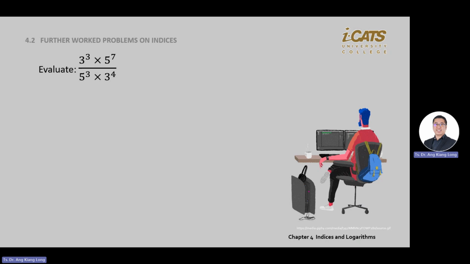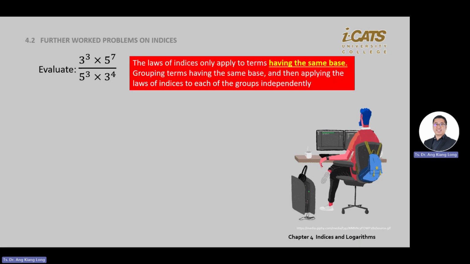This is power. Okay. So the basic rule here is to put everything in the same base. The same base. So you group them. You group the same base together first, means you put the same base 3, 3 and 4.